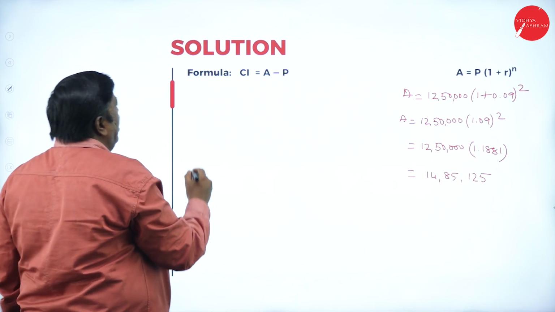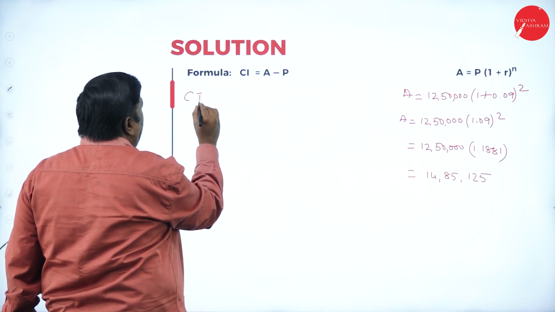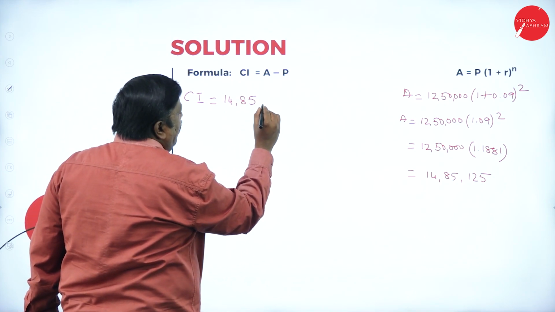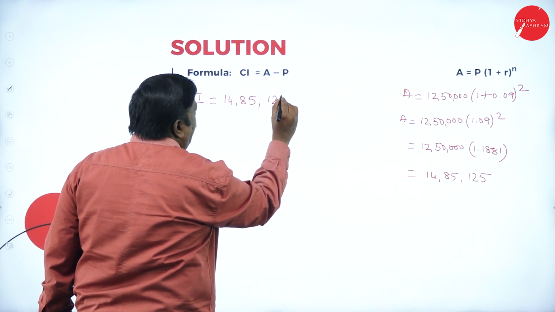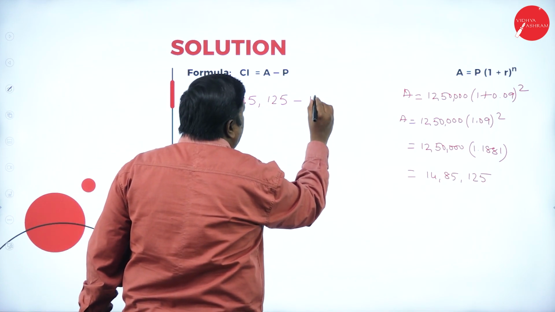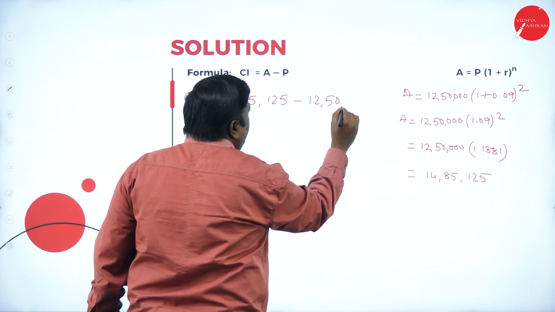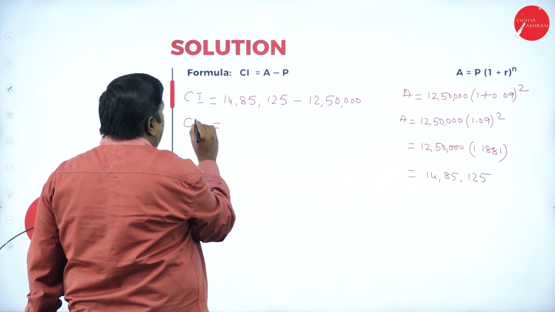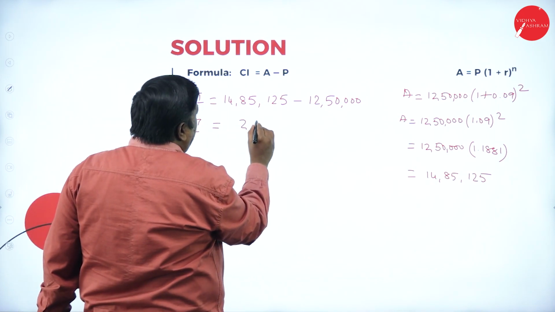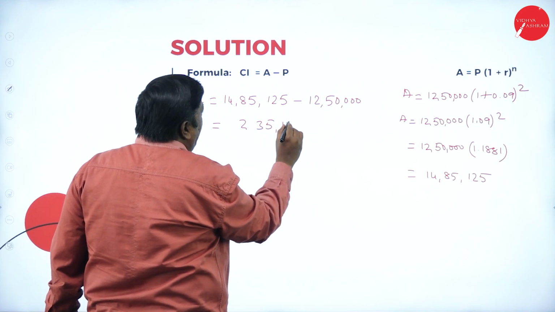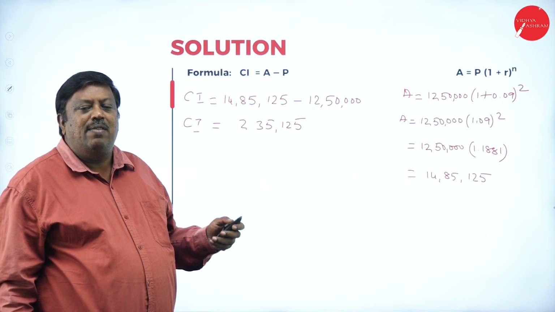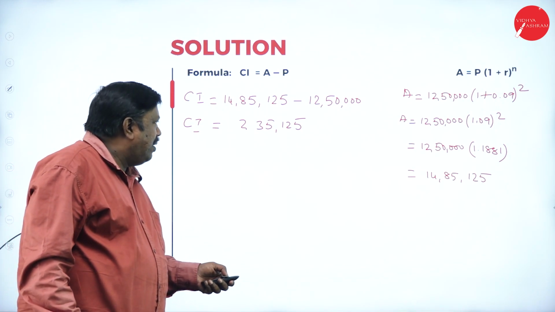So now compound interest will be 14,85,125 minus 12,50,000. So the compound interest will be 2,35,125. This is the compound interest the investor is going to get.